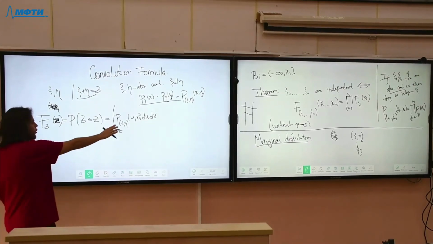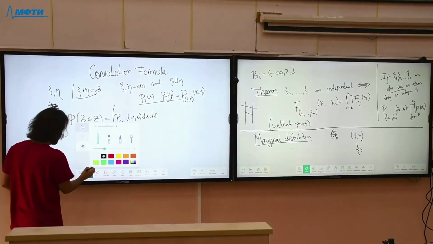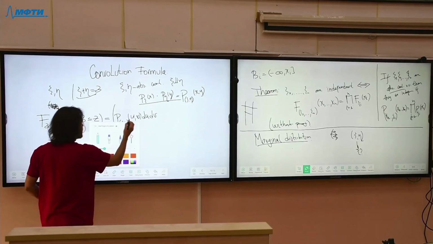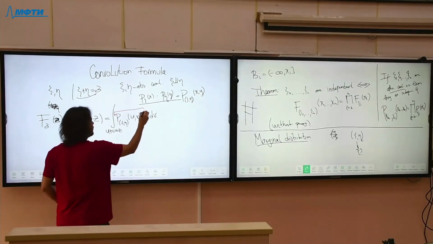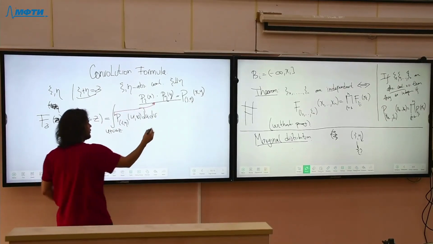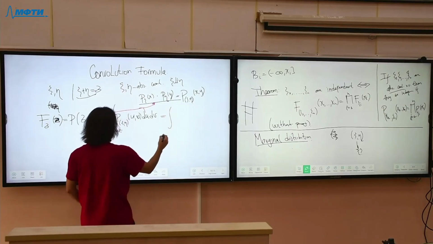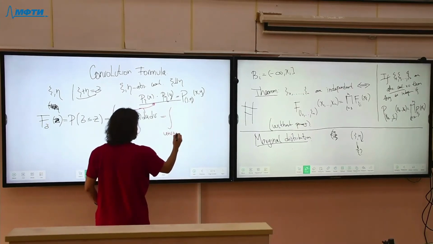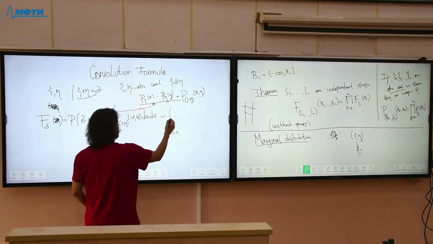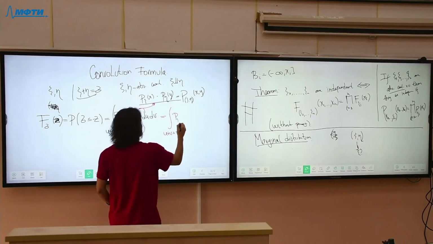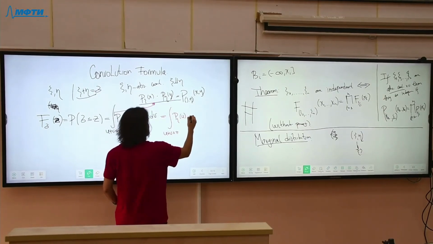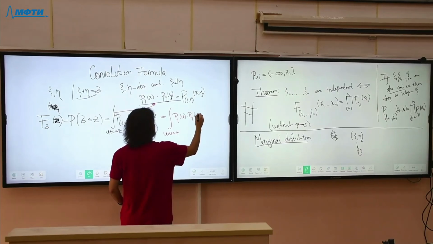Now, what is this? This is just this product: the integral over u plus v less or equal than Z of the PDF of psi at u times the PDF of theta at v.